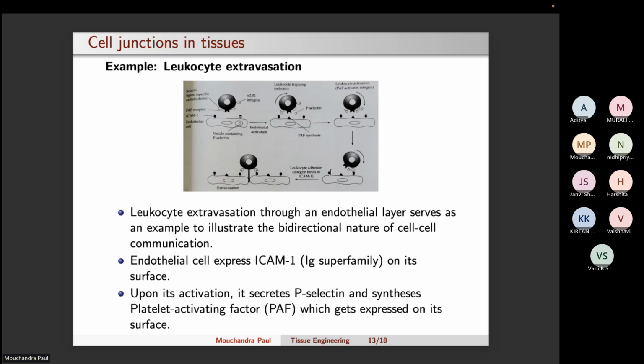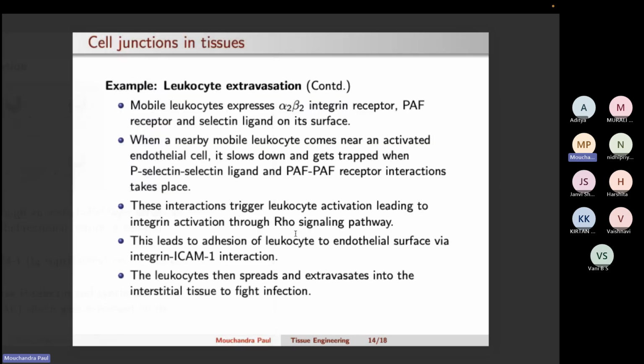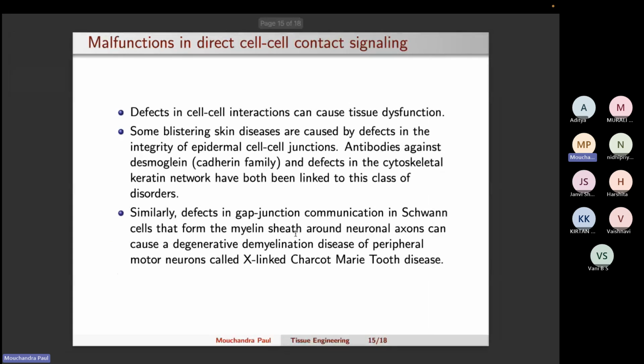So, any queries in understanding this process? Okay, I hope you have understood. If there are any queries, even after I have moved forward, you can stop me anytime and ask.